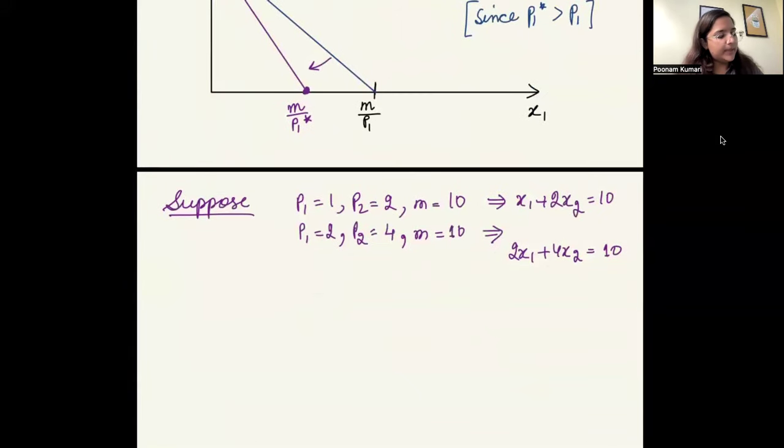Tell me, are the slope of this line and this line the same or different? They are the same. They are parallel. Yes, ma'am. So we can also have a situation when prices are changing, but slopes may not change, right?